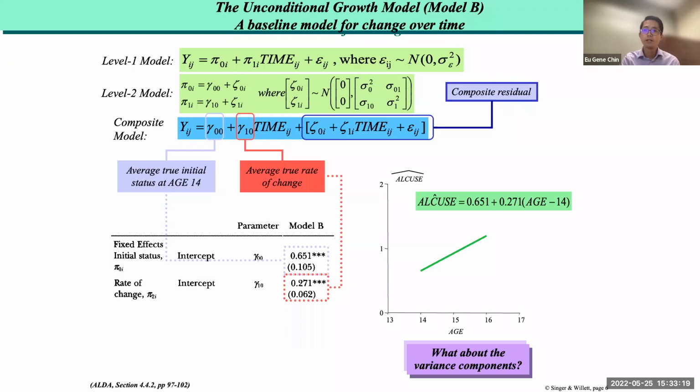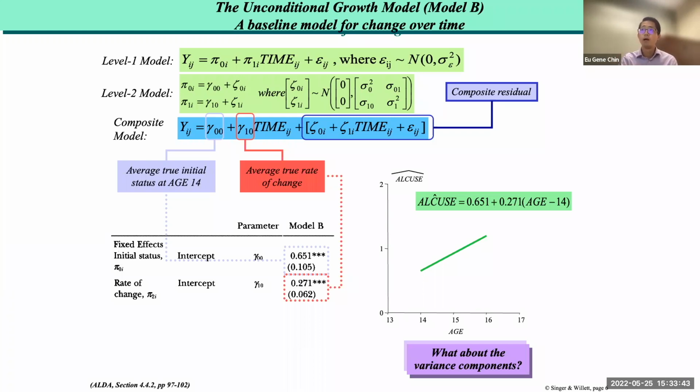So it's actually technically the square root of alcohol use scores at time point 1. But just for the sake of simplicity of interpretation, let's just say that gamma 0, or 0.651, is the alcohol use scores when all participants are at time point 1, which is age 14.